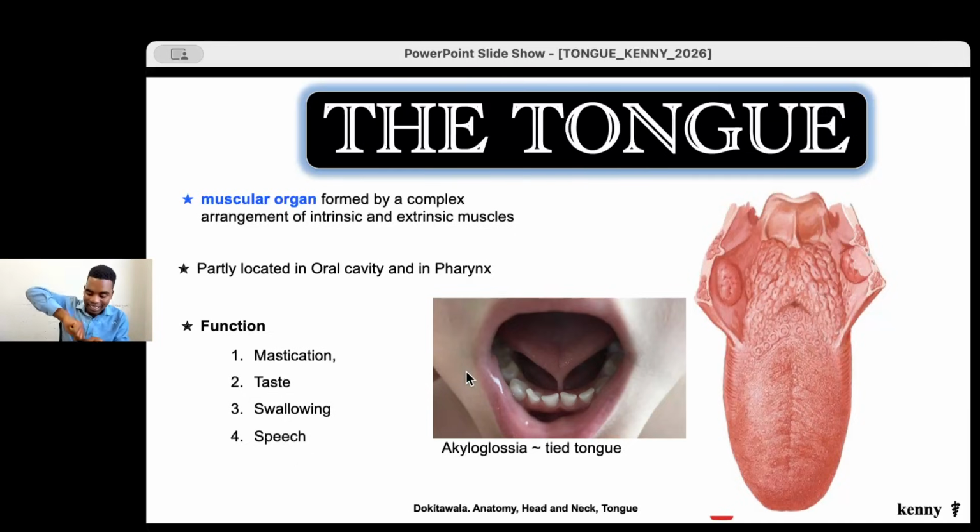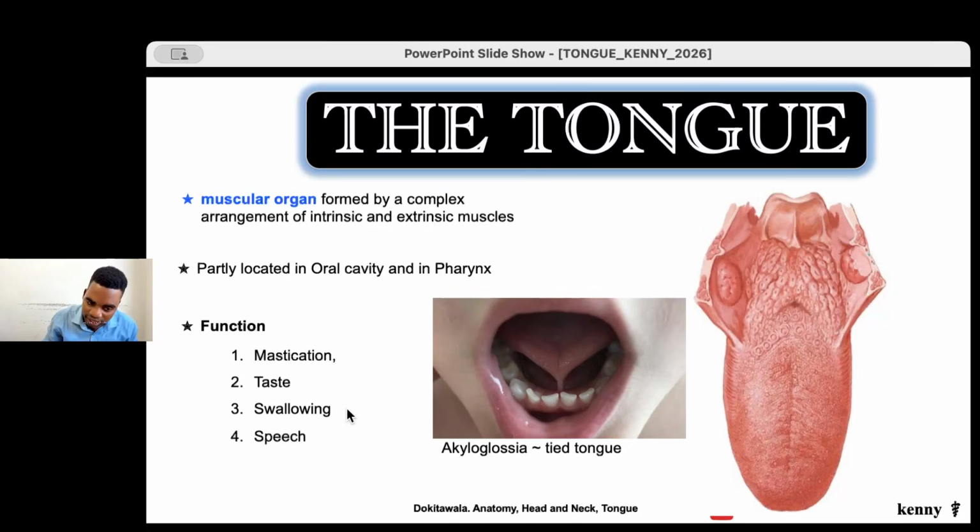Because the tongue is tied to the floor of the mouth, movement is not free, and so someone experiences difficulty in speaking or sometimes even in mastication. This individual has to see a doctor, whereby the structure which is tying the tongue to the floor of the mouth has to be released for the tongue to have free movement within the oral cavity for these activities to take place.